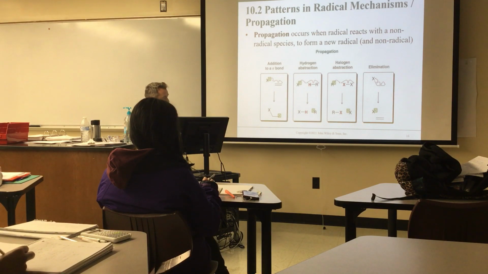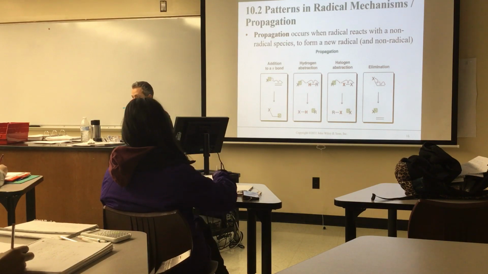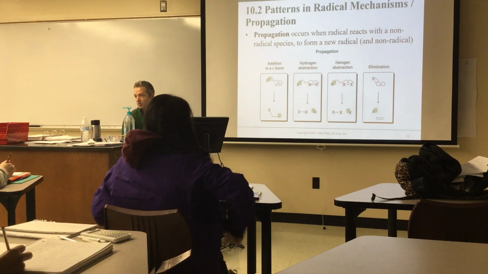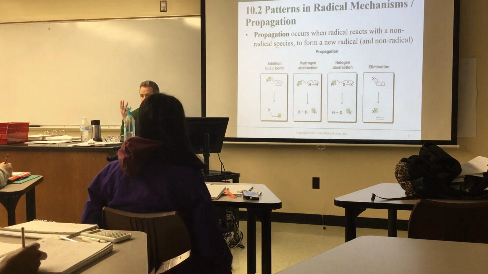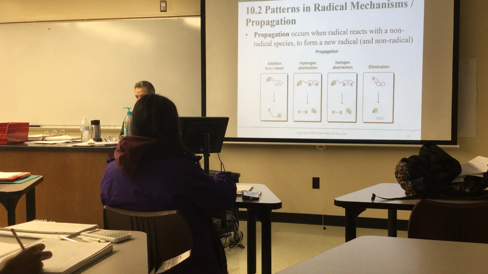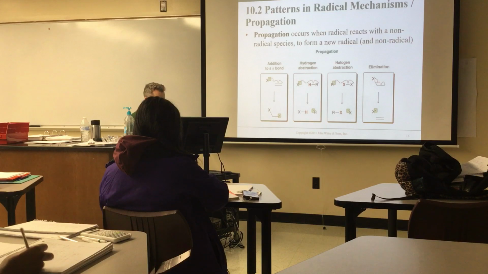Remember that when you have propagation, you're always going to form a new radical, okay? So you're propagating the formation of a new radical. You're always going to have three arrows associated with the movement of a radical, always. At least in the propagation step.